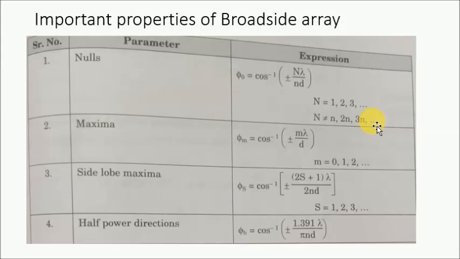The value of capital N determines the order of the nulls, and for the null to exist, the argument of the cos inverse cannot be greater than unity.